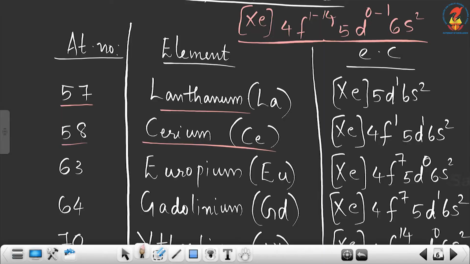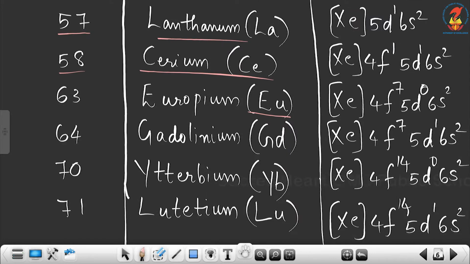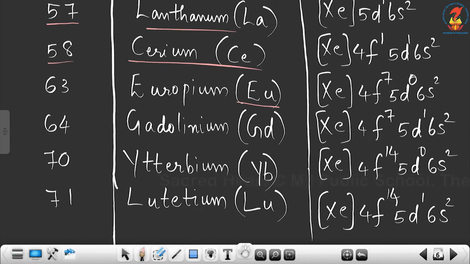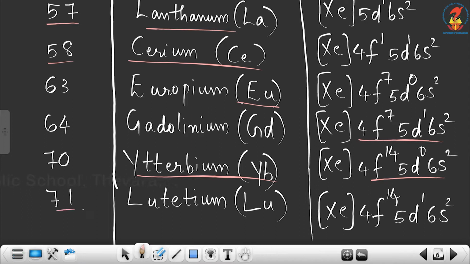Now atomic number 63 is europium, Eu, with configuration xenon 4F7 5D0 6S2. Next, atomic number 64 is gadolinium with configuration xenon 4F7 5D1 6S2. Atomic number 70 is ytterbium, Yb, with configuration xenon 4F14 5D0 6S2. The last element of the 4F series is atomic number 71, lutetium, with configuration xenon 4F14 5D1 6S2.